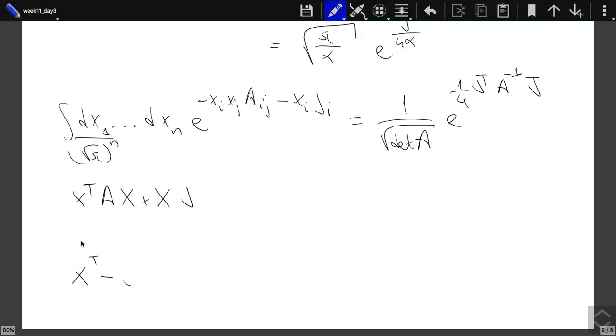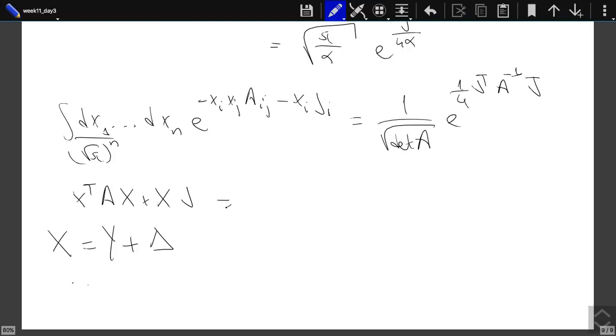We will be changing variables. Let's just say x is equal to y plus delta. We will determine what delta is, by the requirement that the linear terms in y disappear.